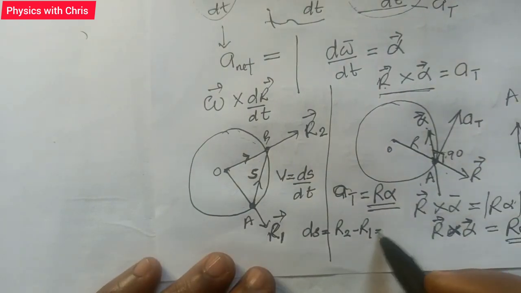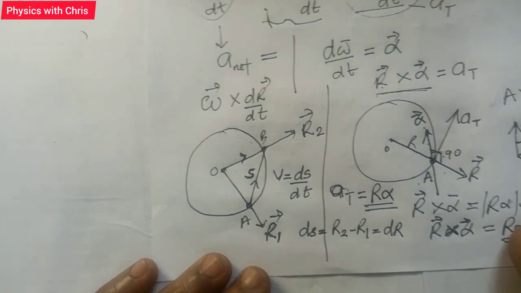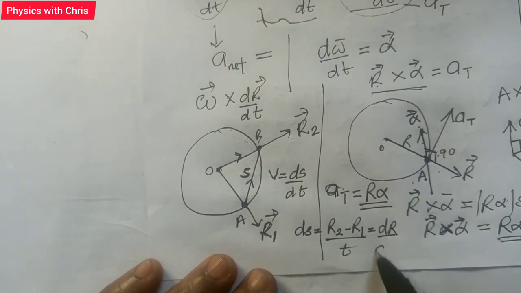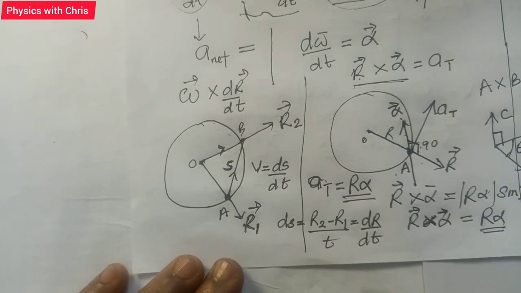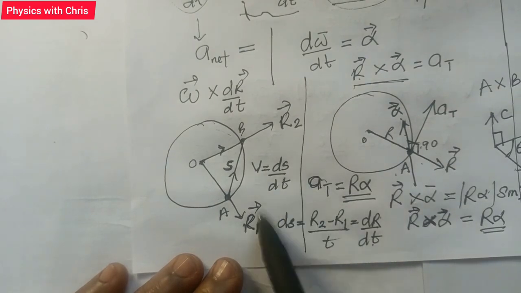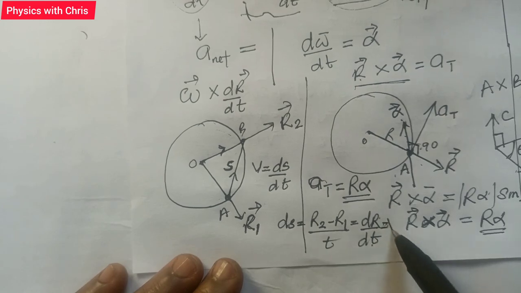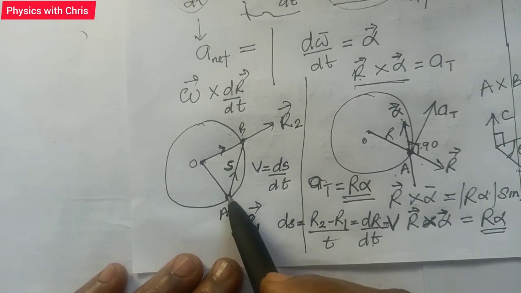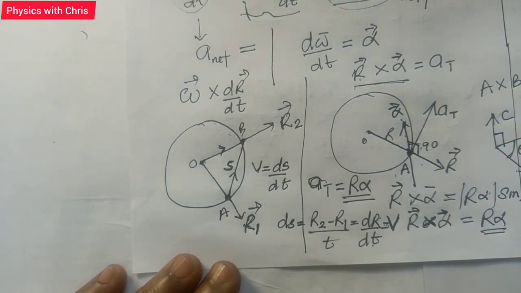And this r2 minus r1 is the same thing as dr over dt, which is the same thing as ds over dt. That gives me v, and this v represents the linear velocity of the body at different points.